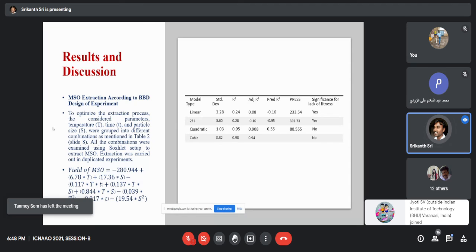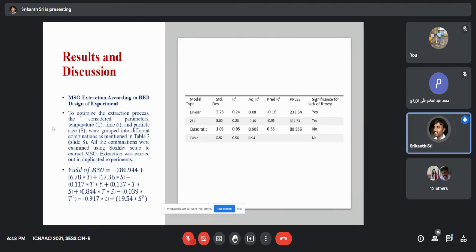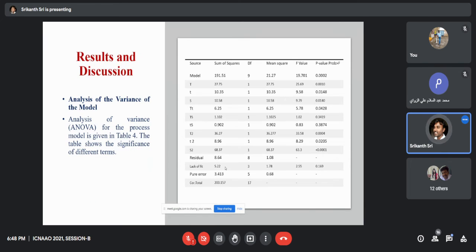Extraction was carried out in duplicate experiments, and we also calculated the deviations, variances, and the significance for lack of fit. These are some values we have considered for the yield of MSO extraction.